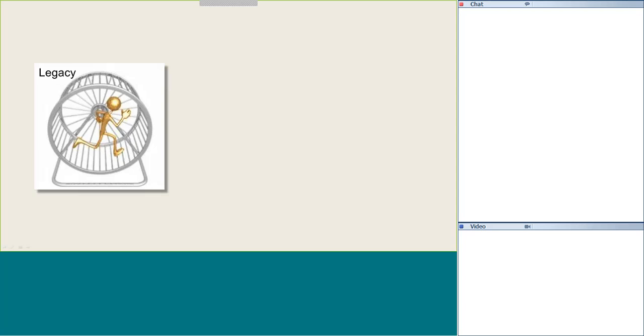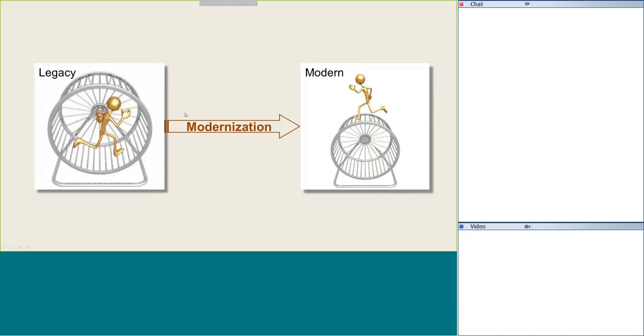Let's look at where we want to go. Once we've modernized our system, at the end, we want to be where that gold man is, the second one. We want to be on top of the wheel. Nice view. You're running downhill. But I'm pretty sure you can understand what I'm trying to say here.